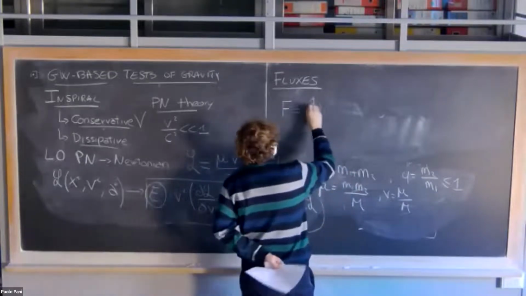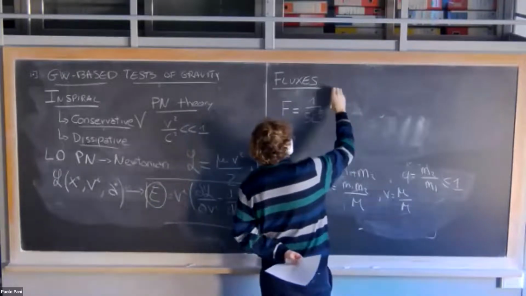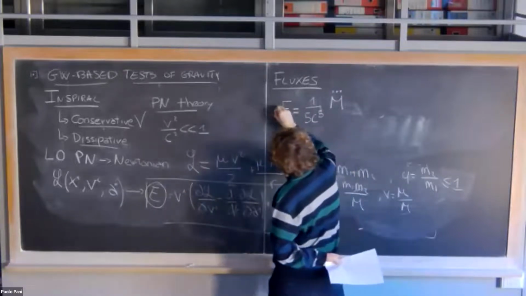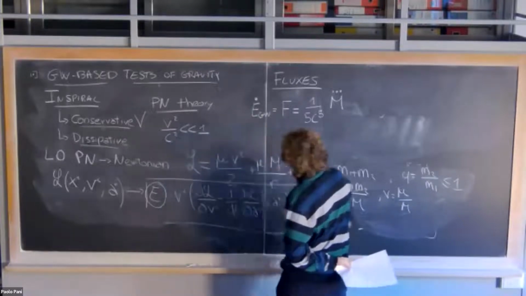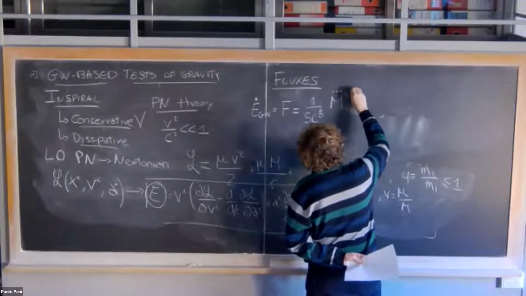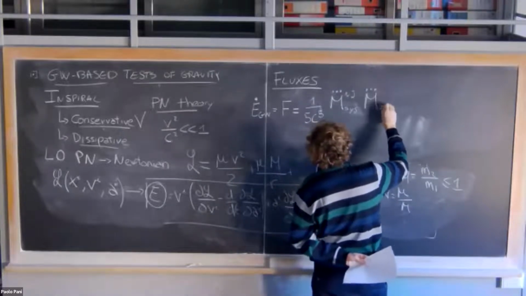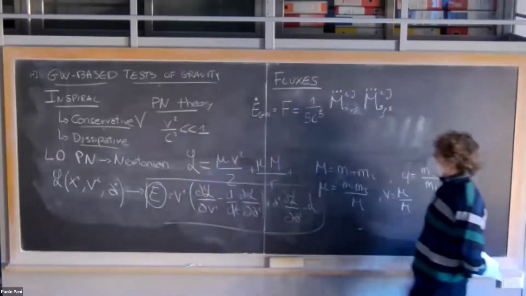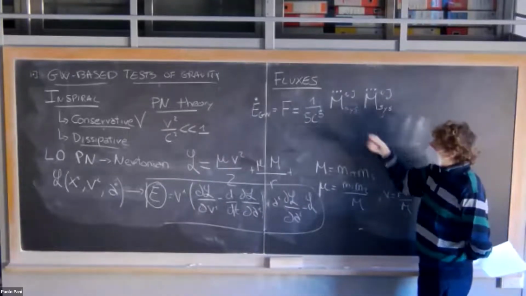The famous quadrupole formula, which relates, this is the flux, so this is E dot GW, energy emitted per unit time, and relates this to the third derivative in time of the total quadrupole moment. This is the quadrupole moment of the system.